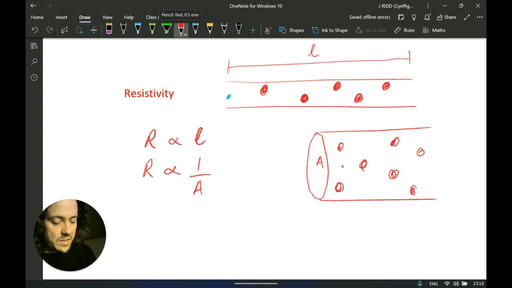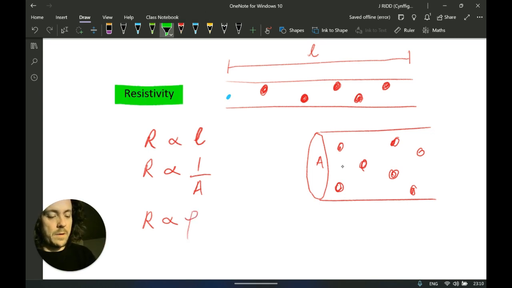And then finally, resistance is also directly proportional to this concept known as resistivity. Now, resistivity is simply a measurement of a given material's resistance, how resistive it is.